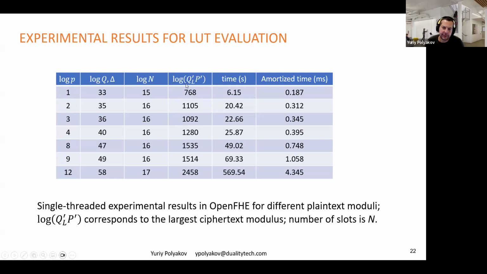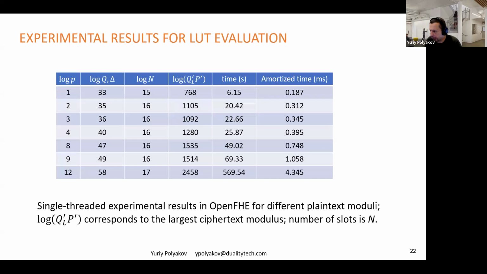And so we're also listing, of course, the moduli that were used here, and now the analysis of the actual runtimes. So one important result is that the amortized time, meaning the time of bootstrapping divided by the number of slots, and the number of slots in this case is the ring dimension.